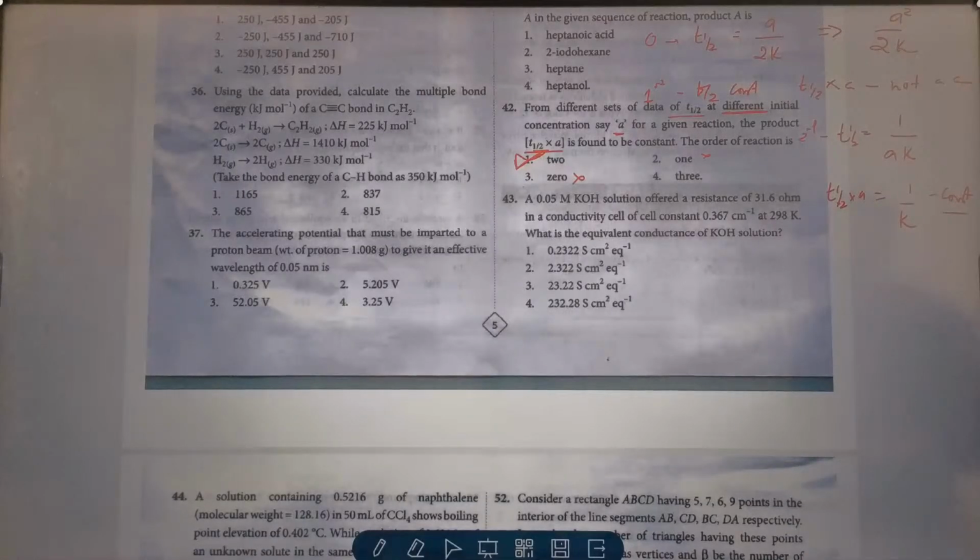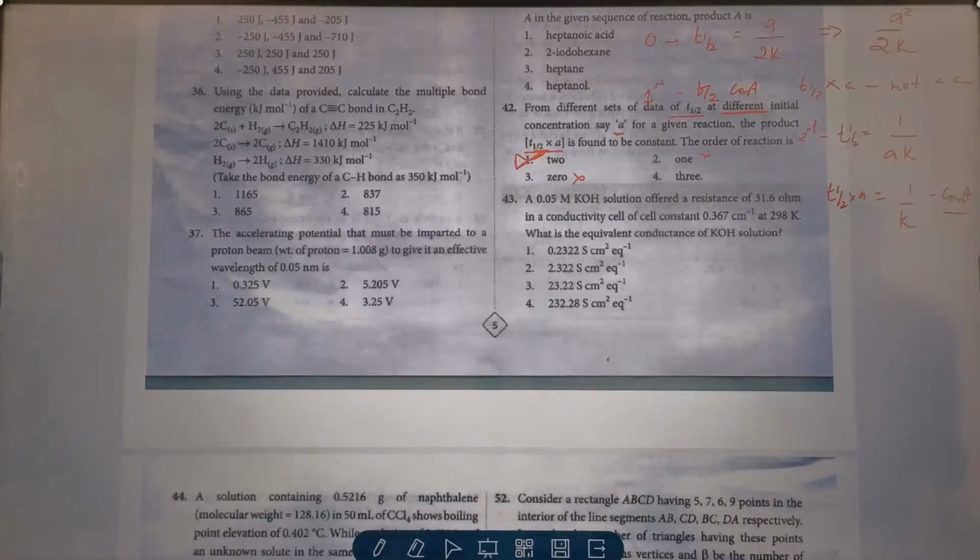What is the equivalent conductance of KOH solution? You have to find the equivalent conductance of KOH solution, given the concentration of KOH solution, resistance, and cell constant is also given.